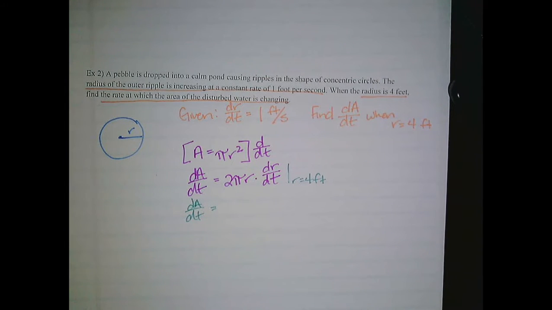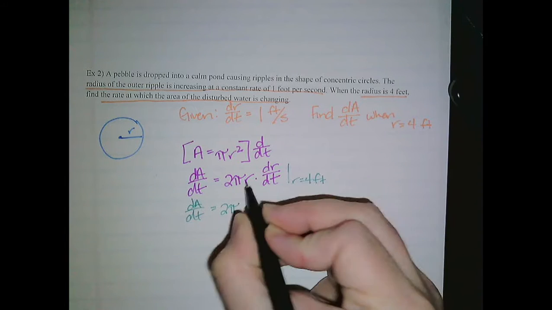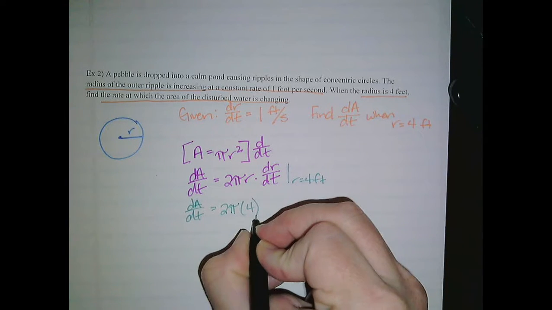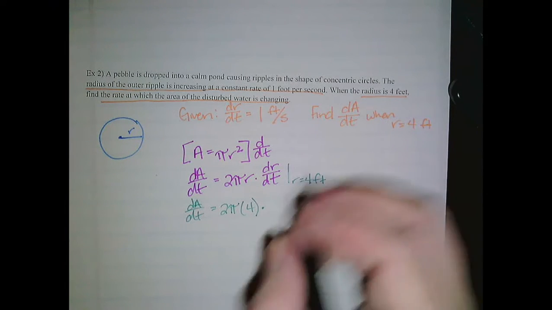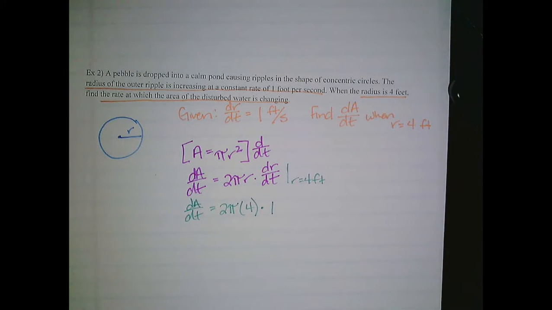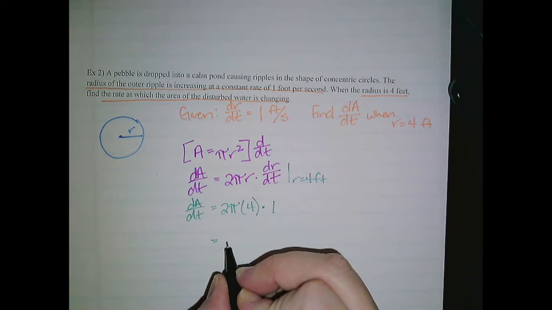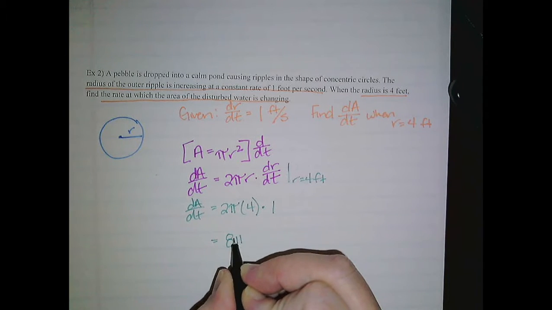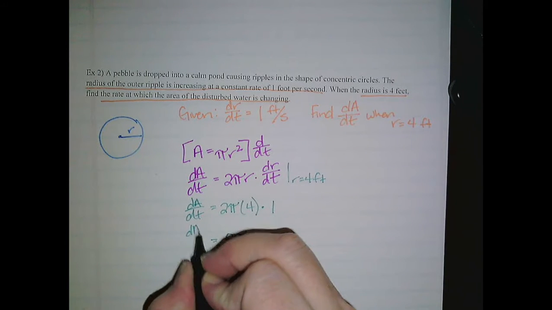Well, I'd have 2 times pi times the radius would be 4 feet. And we know that the rate of change of the radius would be 1 foot per second. So then we have that dA dt would be 2 times 4 gives me 8. So 8 pi.